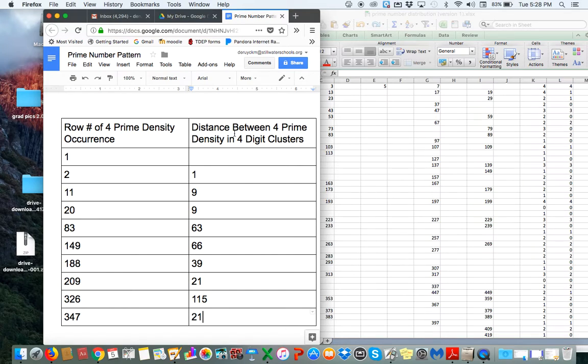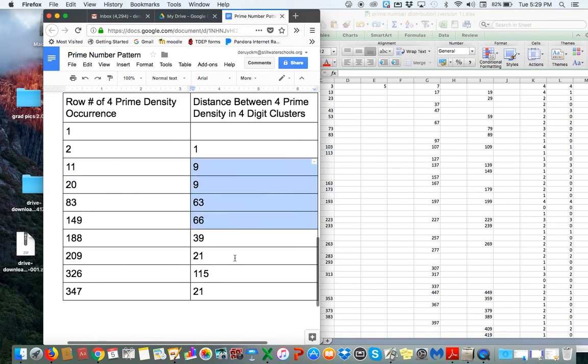So for 4 prime density clusters, the first time we see it is in row 1, the second time is in row 2, difference being 1, and then each subsequent 4 prime cluster, I have the rows here and the distance between them here.